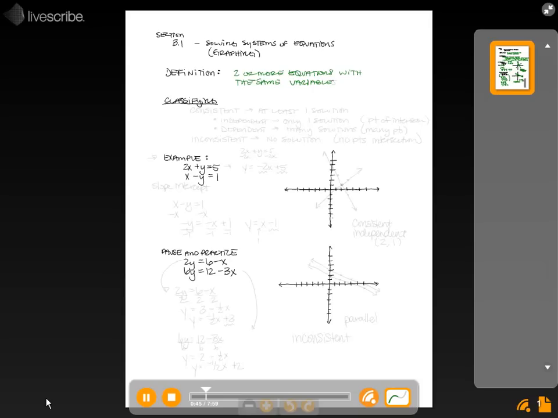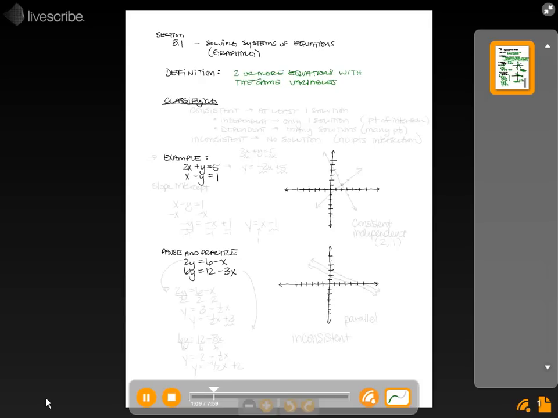Alright, we are going to focus on two in this video, but we could have more. We could have three equations with three variables or four equations with four variables. What we're going to focus on are two equations with two variables that are the same in each. So both of our equations should have an x and a y, or an a and a b, or a d and an e, something like that, but they need to have the same variables.